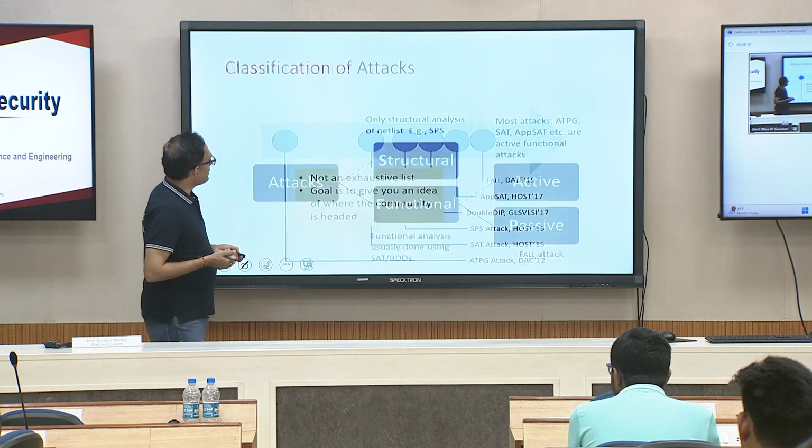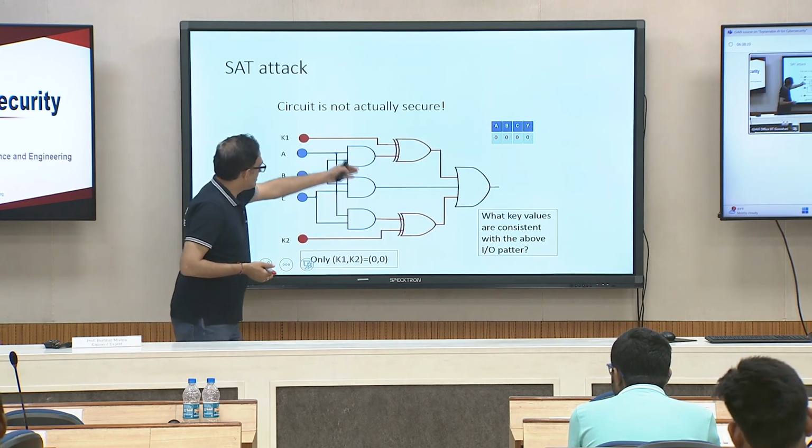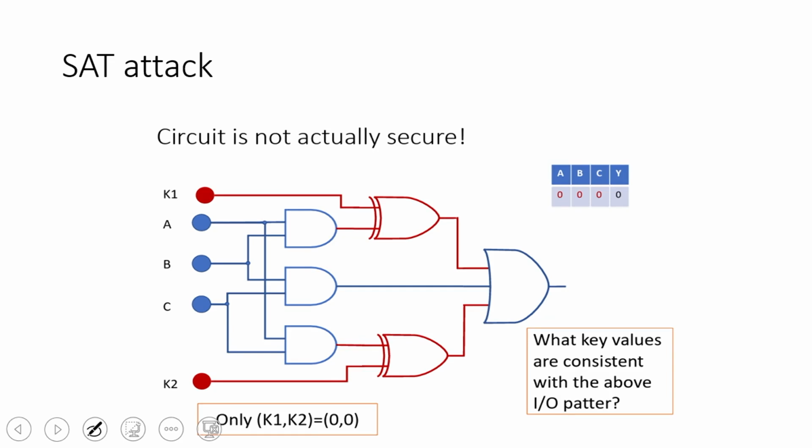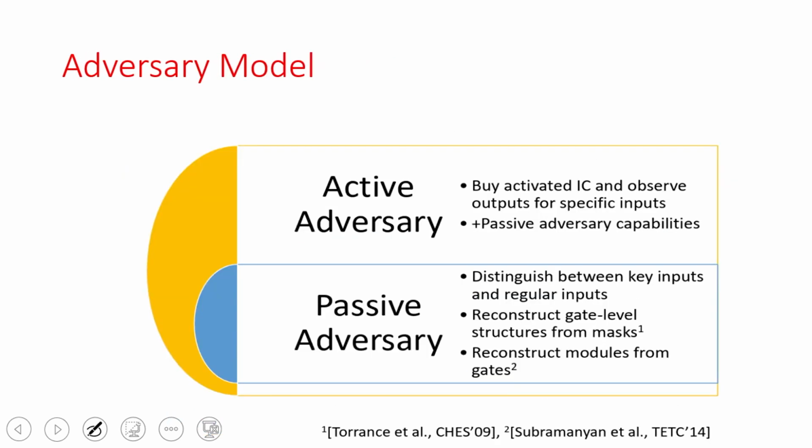So they will basically get this structure. It is possible because you have the layout, and from there you reverse engineer. So you get this circuit, you can run it, the only thing is that you do not know the key values. So the attacker has that capability.